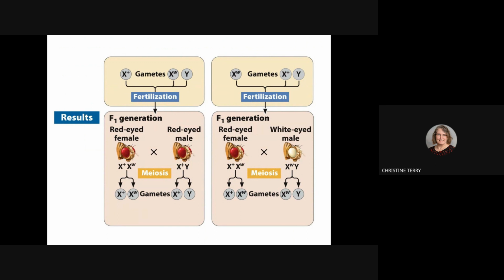But if we swap it, and now our female is white-eyed and the male is red-eyed, the egg with the white-eyed allele can be fertilized by the sperm with the red-eyed allele, and we get all our females heterozygous and red-eyed. But this X with the white-eyed allele, when that gets fertilized by the Y, all the males are white-eyed.